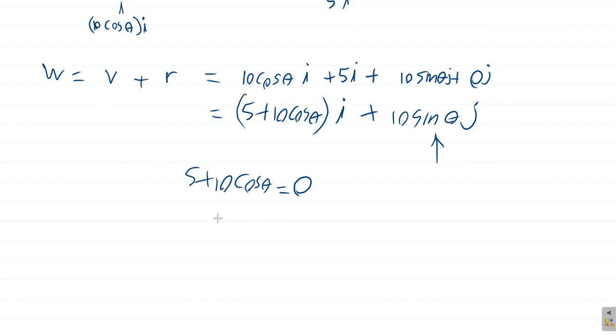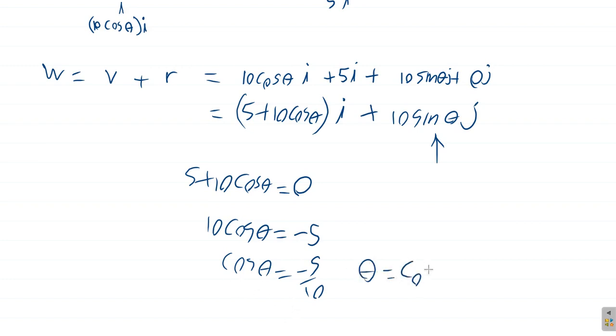Alright? So if you put it together, 10 cos theta equals negative 5 and cos theta equals negative 5 over 10. So theta is cos inverse of negative 5 over 10.